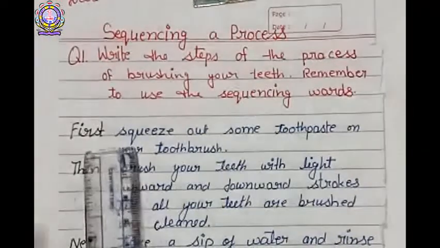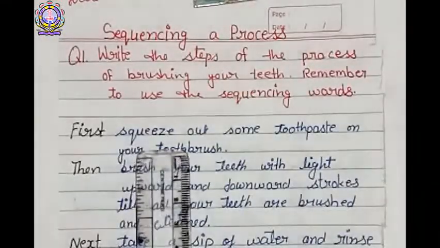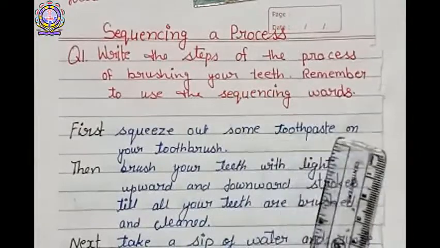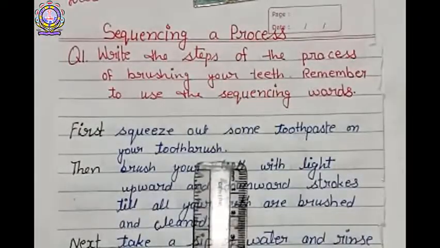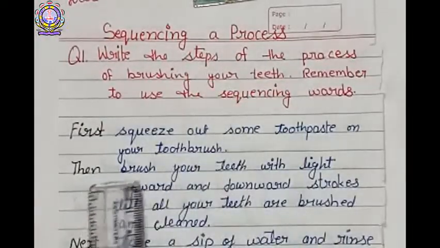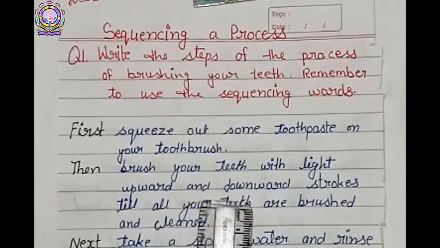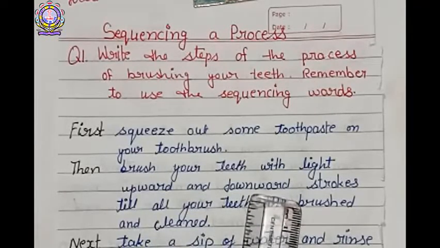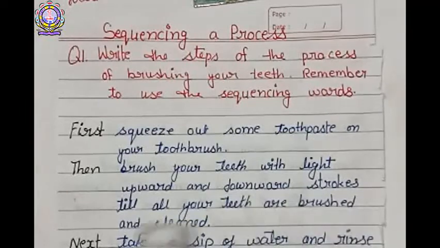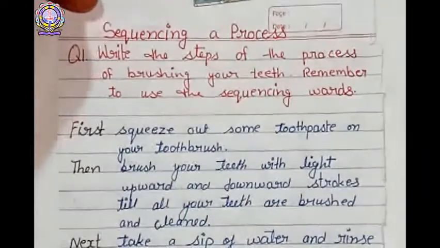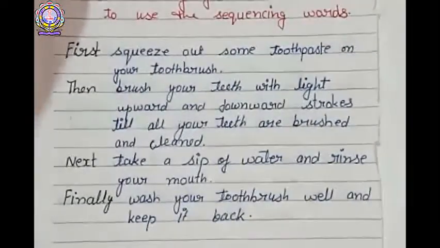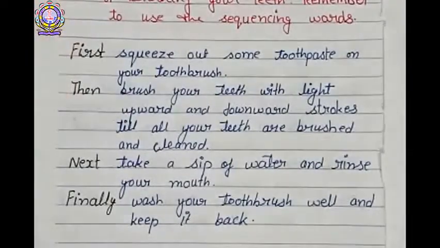And I will show you the first. Squeeze out some toothpaste on your toothbrush, and then second, what you do, then brush your teeth with light upward and downward strokes till all your teeth are brushed and clean. Okay students, and then you have to write this in your copy. Now I'm showing you how to write.